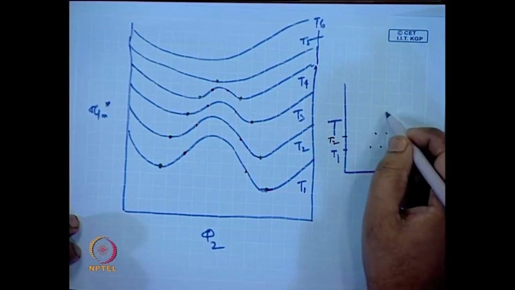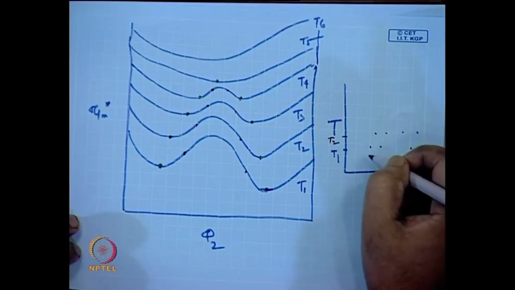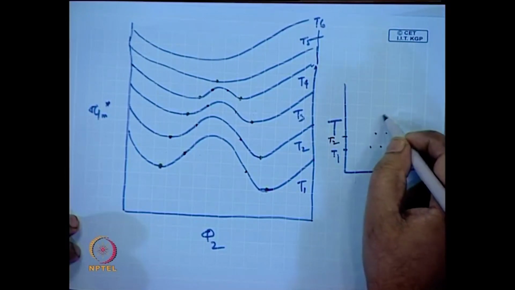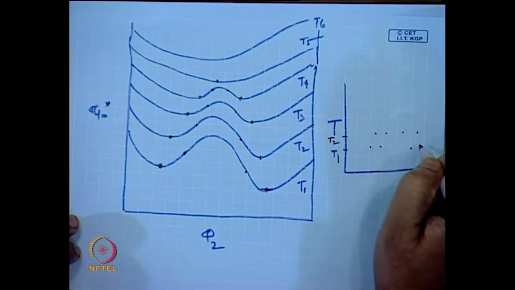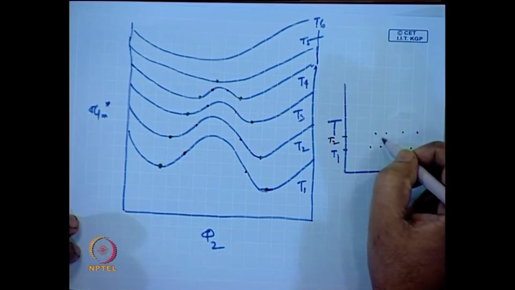Now, you join them to get a line for the binodal points and a line for the spinodal points.